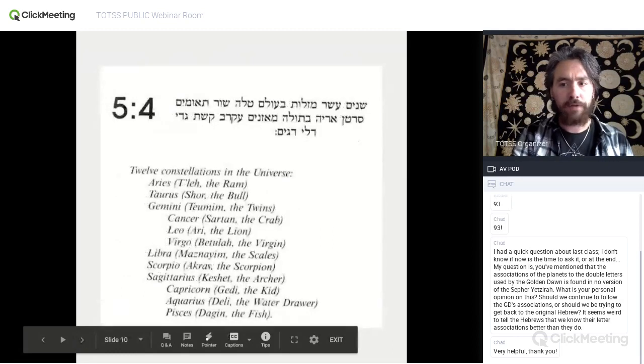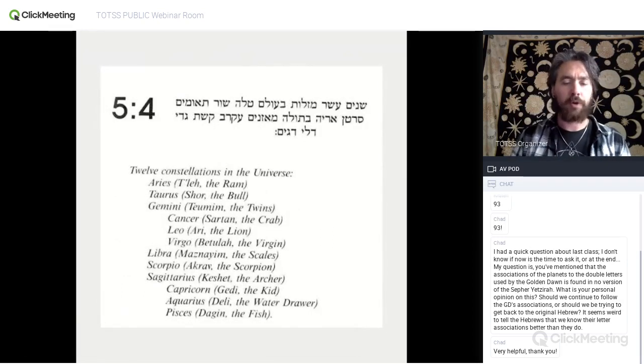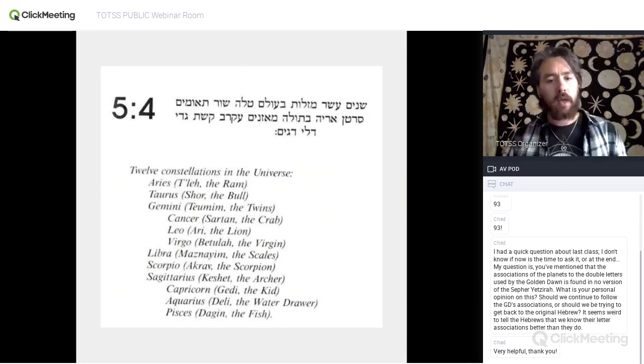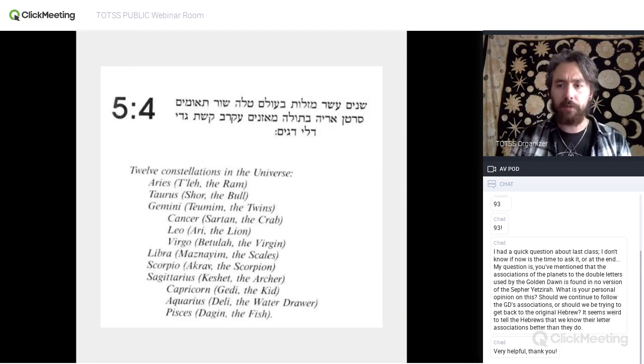All right, so 12 constellations in the universe: Aries, Taurus, Gemini, Cancer, Leo, Virgo, Libra, Scorpio, Sagittarius, Capricorn, Aquarius, and Pisces. And then you can see in parentheses the Hebrew name of each one of the signs, and then the translation. So you can see the translations of the Hebrew are almost the same.